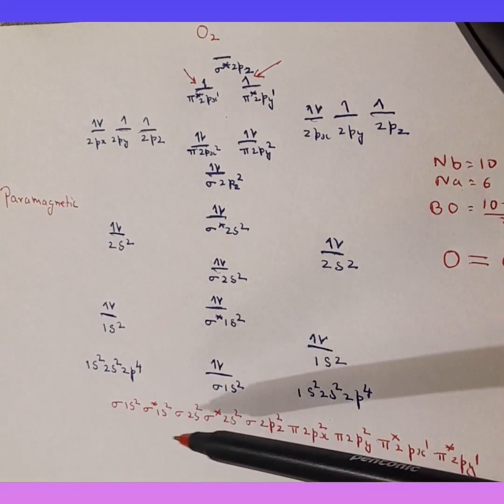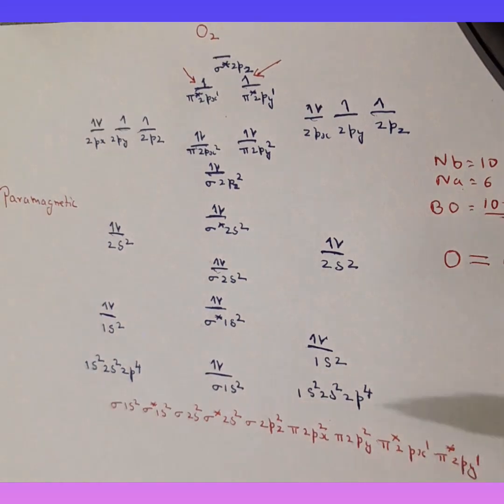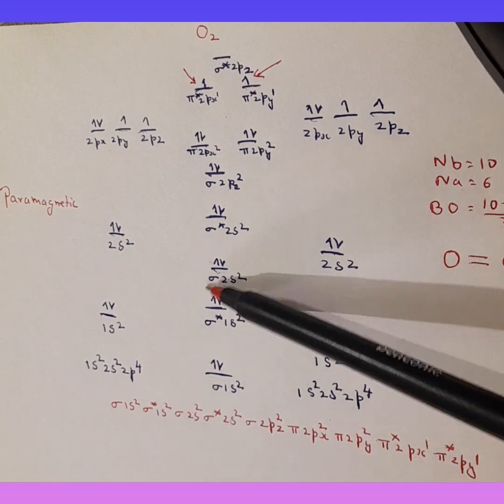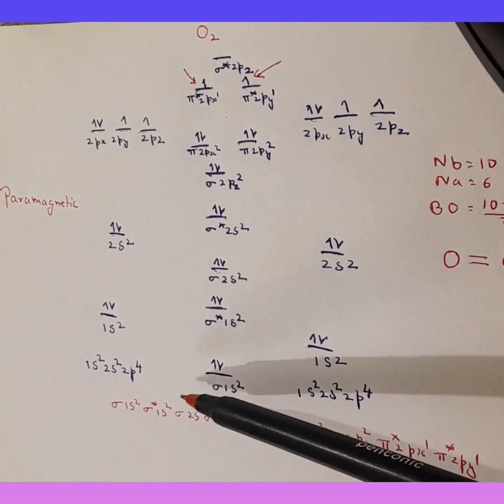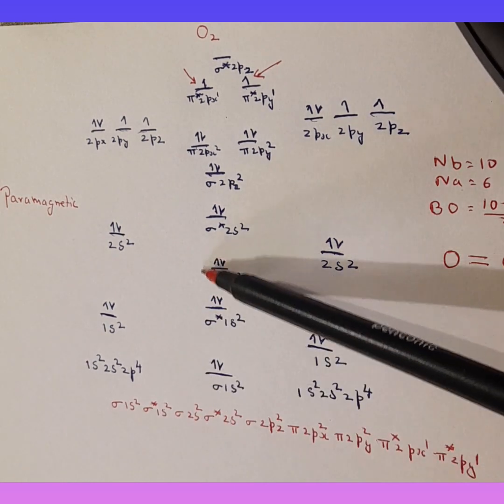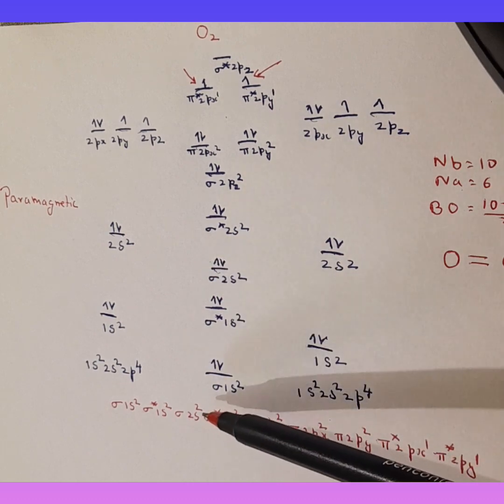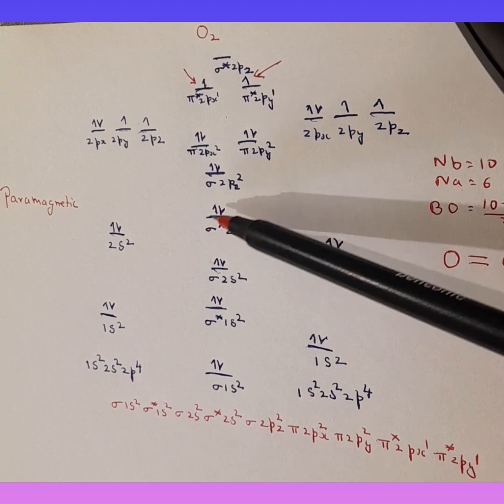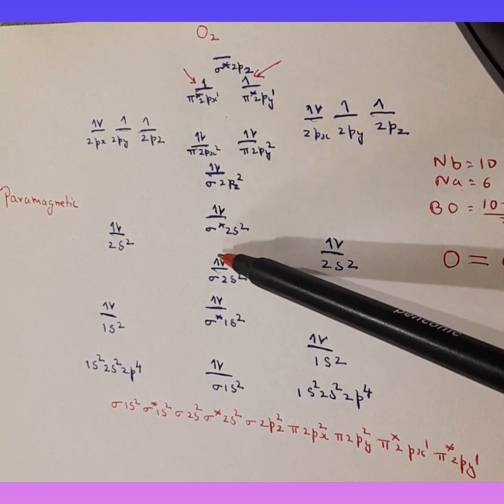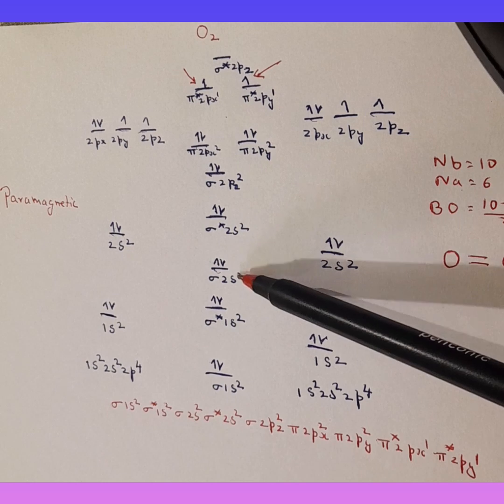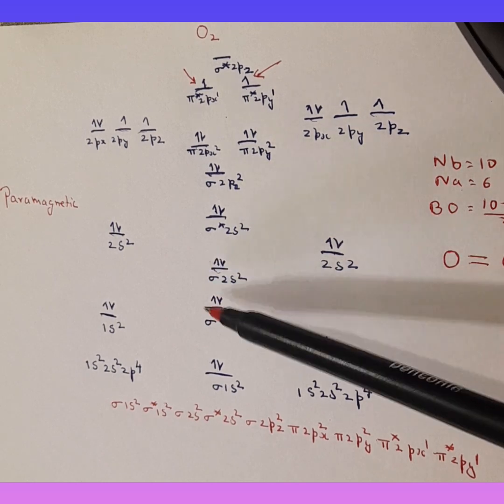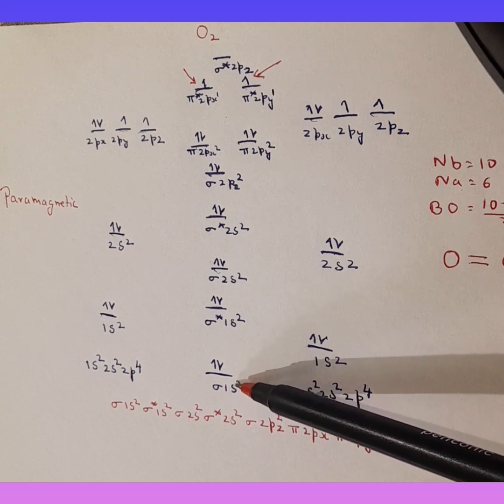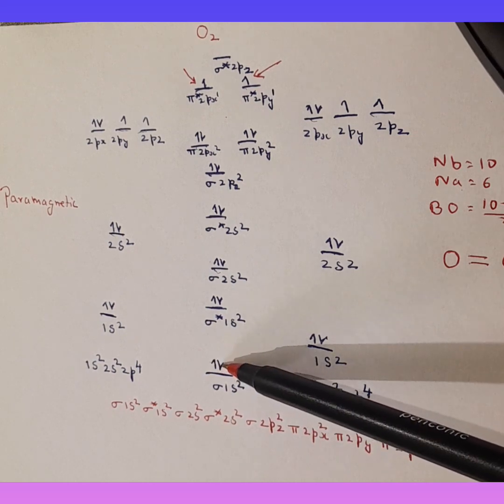Now this becomes the configuration of molecular orbitals. Then comes sigma antibonding 2s2, that is this. These are the electrons, 2 electrons, 2 electrons, 2 electrons, 2 electrons. These which are superscripts belong to the number of electrons.